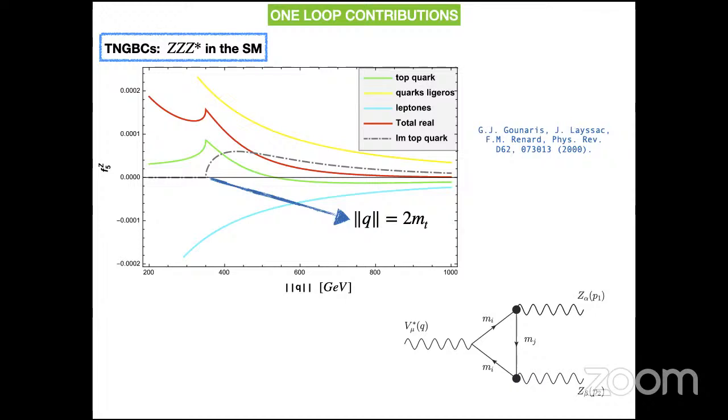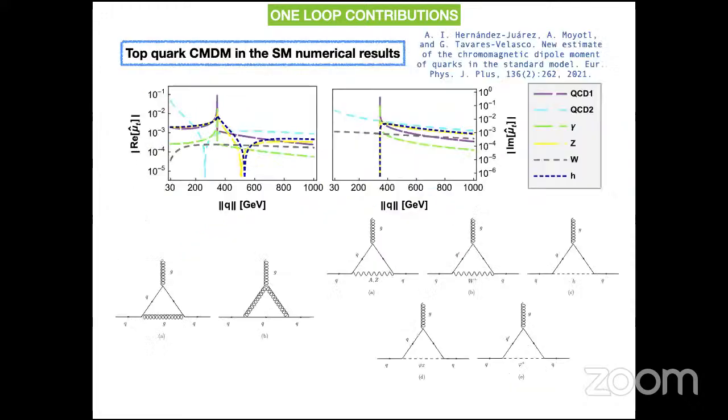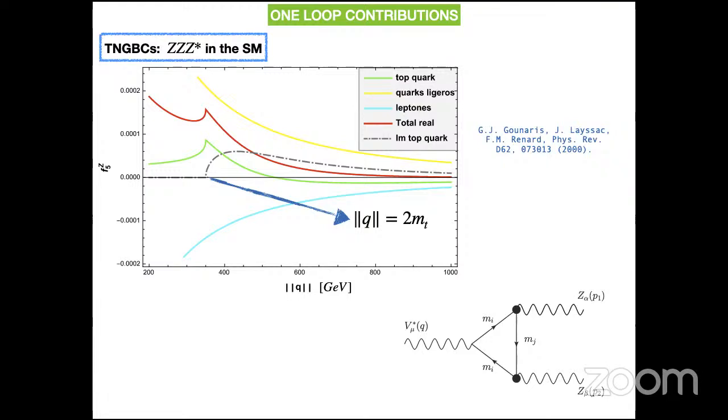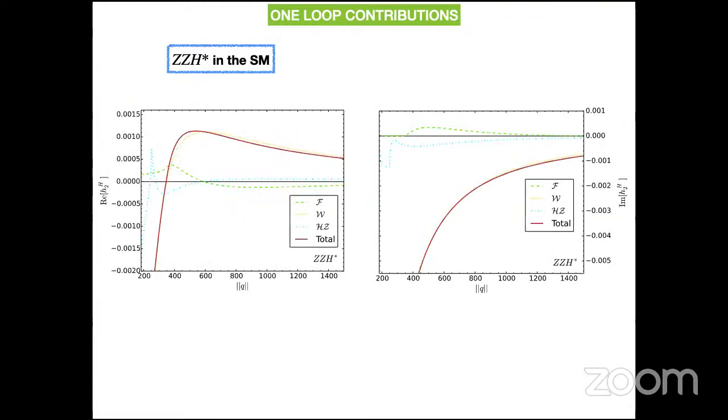So please note that this imaginary contribution is not zero for energies where the top quarks connected to the off-shell Z boson in this case can be on shell. So again, this is the optical theorem, and this kind of couplings are considered only as real observables at the LHC. So where are the imaginary parts?